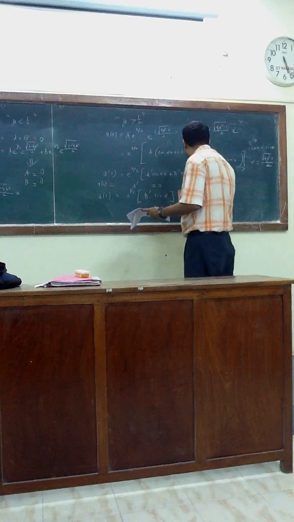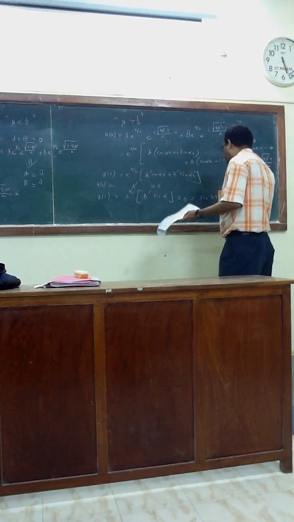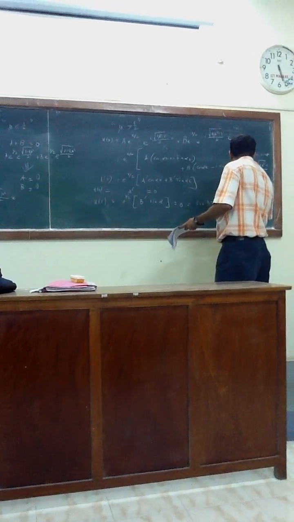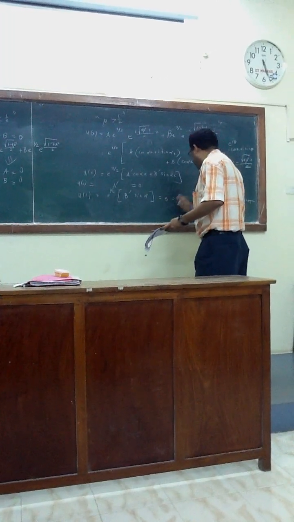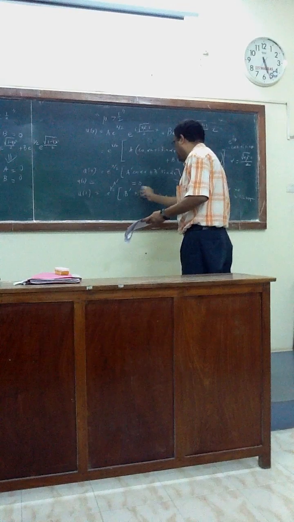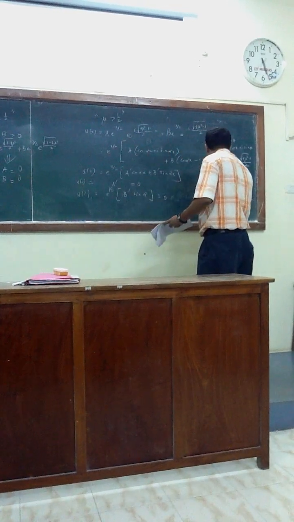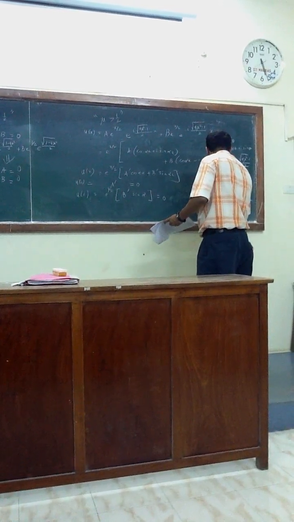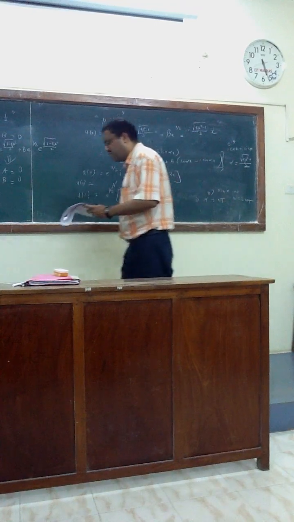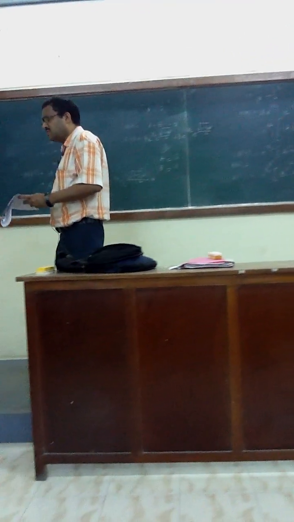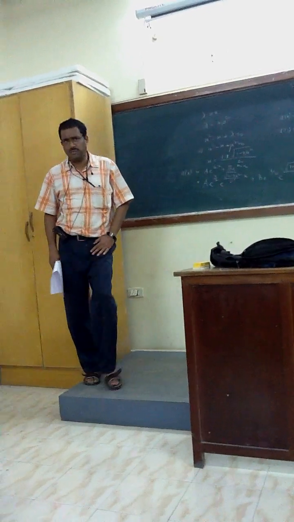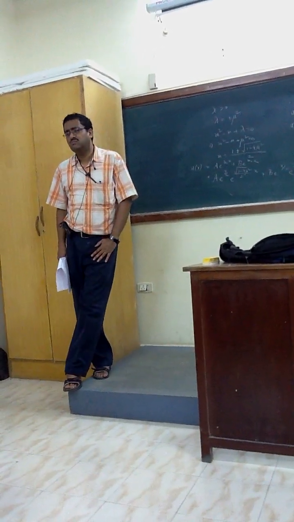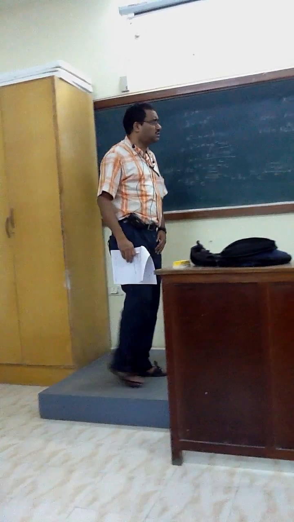So sine of alpha equals 0, which is sine n pi. I actually come directly to sine alpha equals 0, and then alpha is nothing but n pi. Then what is the eigenvalue? Alpha is not the eigenvalue. Lambda is the eigenvalue. Lambda is mu square, correct? What is mu then?